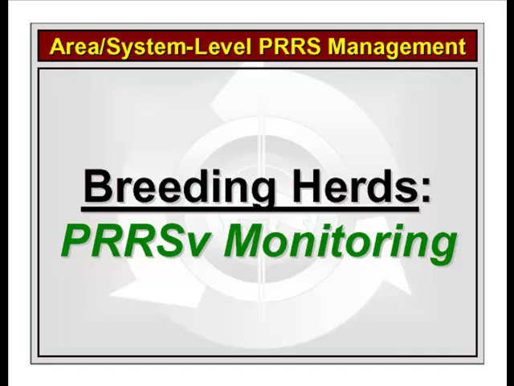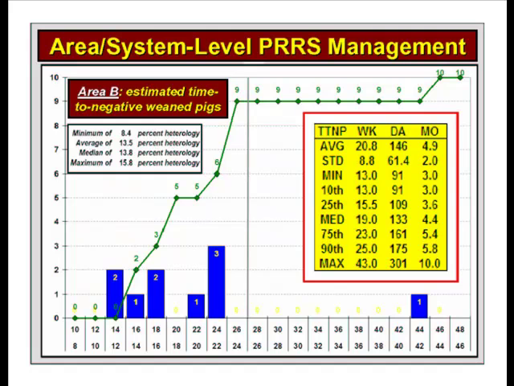Breeding herd monitoring. One of the keys to judging how well breeding herd control and intervention is going is measuring time to negative. This is 10 particular farms, measuring time to negative pigs over time.